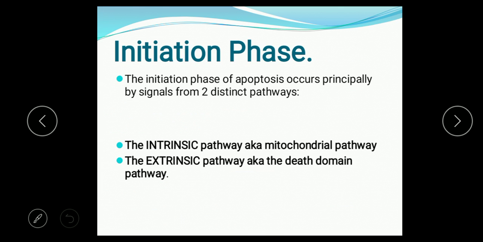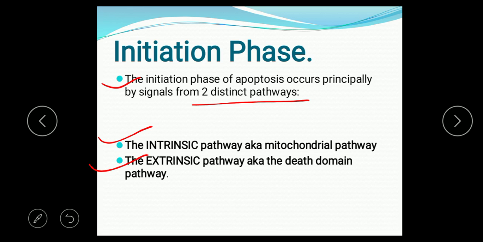Now let's see the initiation phase. This is the phase where the apoptosis process initiates. The preparations are done, and the activation of enzymes and factors is done. In this phase there are two very important pathways, guys: the intrinsic pathway and the extrinsic pathway.